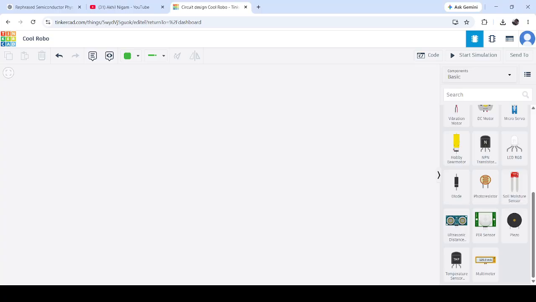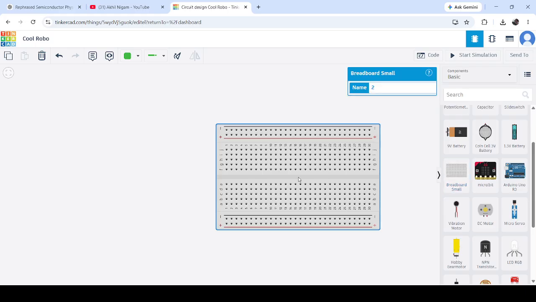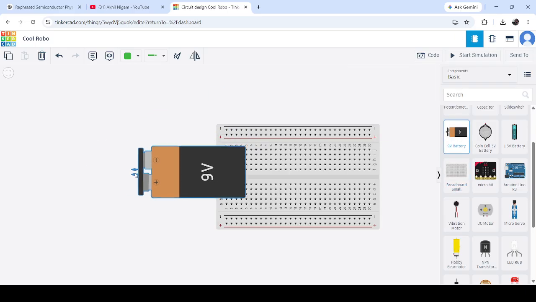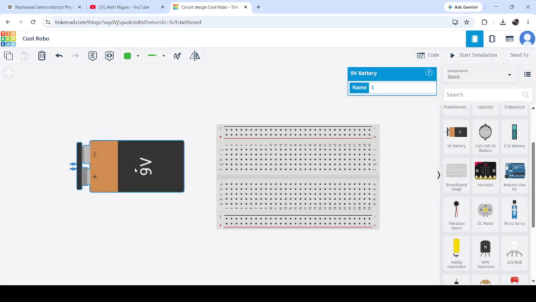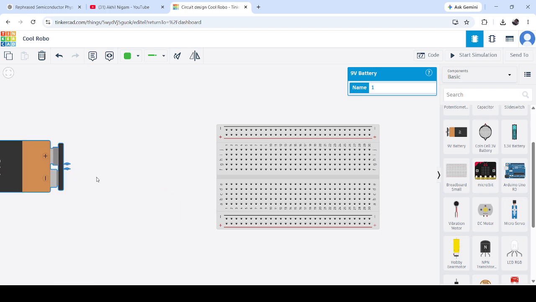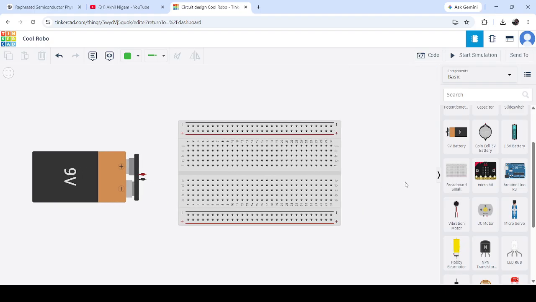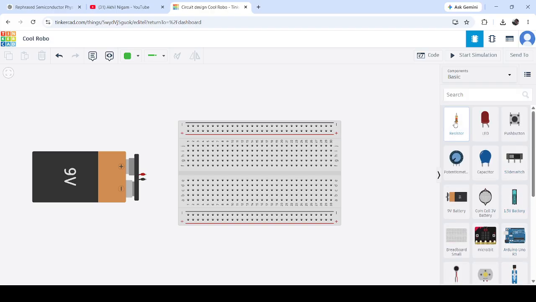According to the given circuit, we are taking our breadboard. Since it is working on DC supply voltage, we will consider a 9 volt battery. We can rotate it and connect accordingly. We are taking 4 resistances and, as per the circuit diagram, we will design.